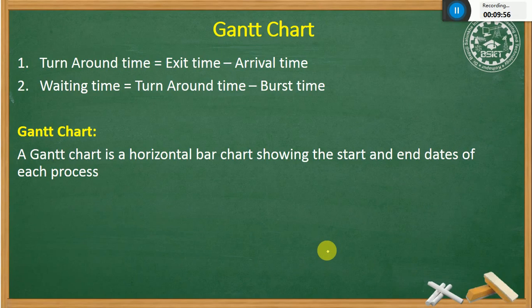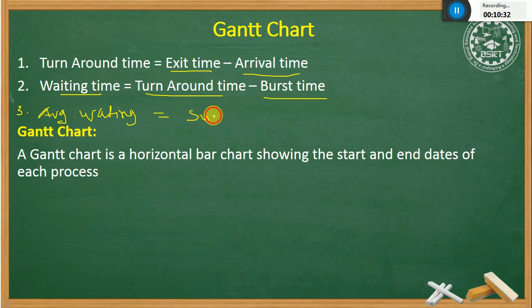Before starting the algorithms, we must revise these concepts once again. Turnaround time is the exit time, the total time it requires for the exit, minus arrival time. Or waiting time is equal to turnaround time minus burst time. We must have a third formula here, the average waiting time.